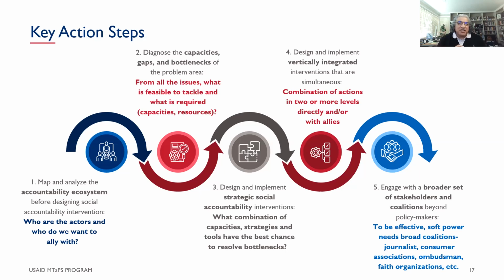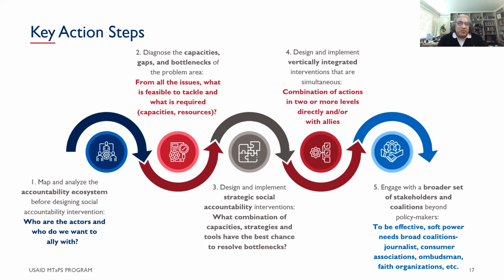The next action step is that, based on our mapping of the accountability ecosystem and the feasibility of interventions, we design and implement a strategic social accountability approach, the combination of strategies and tools that will resolve the bottlenecks.